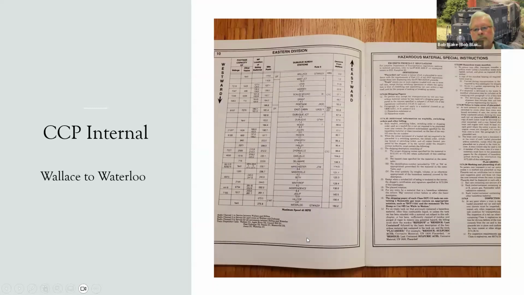So all of that information. I did notice that this doesn't really have schedules for trains in here, but it does have information about different sidings, where they're located and how long they are, which obviously would be important to the railroad employees.